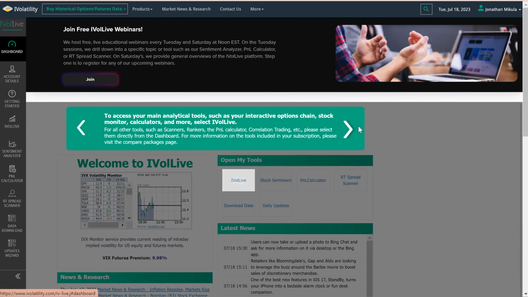This is iVol Live, the beating heart of the platform. This tool is important because we'll start there today, and then flow to everything else.